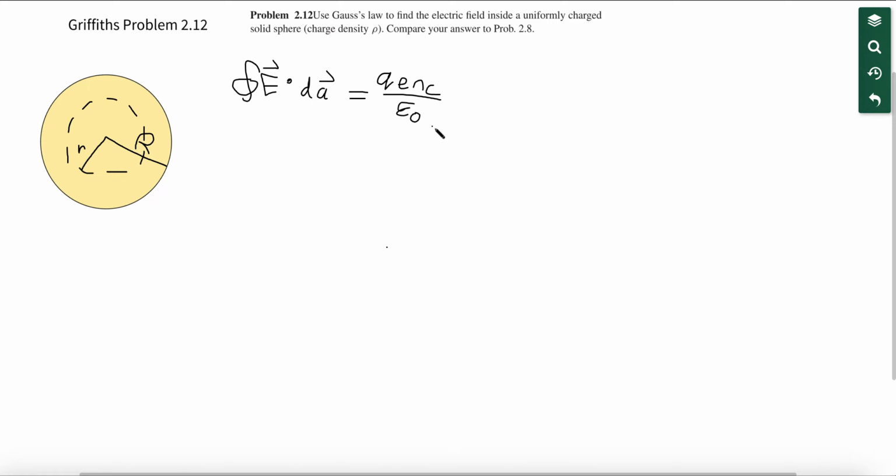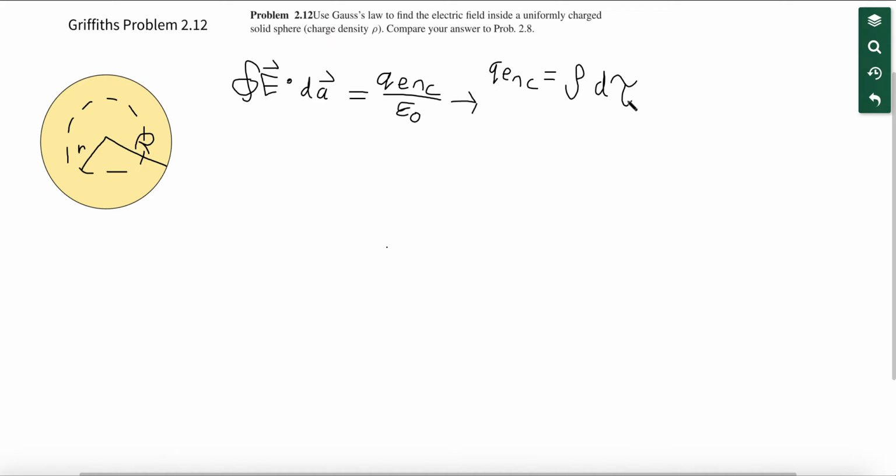So now that we've done that, the next step is figuring out what Q enclosed is. Since we're working with a solid sphere, Q enclosed is going to be equal to the charge density rho times the volume element d tau.